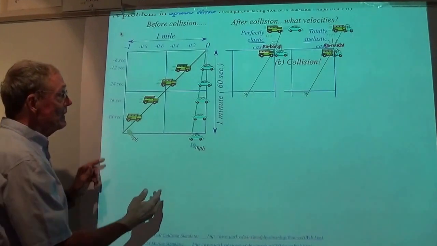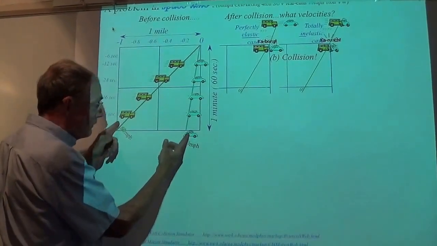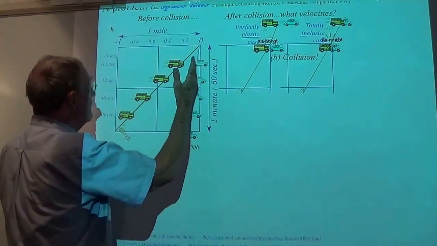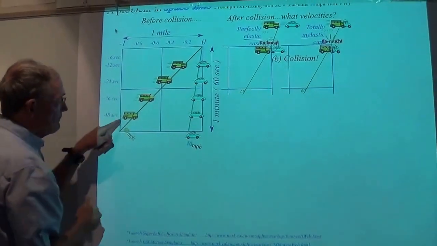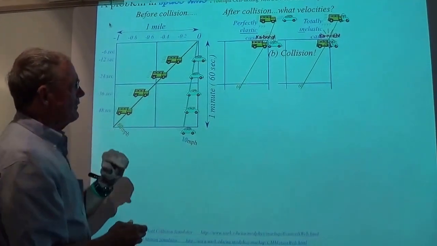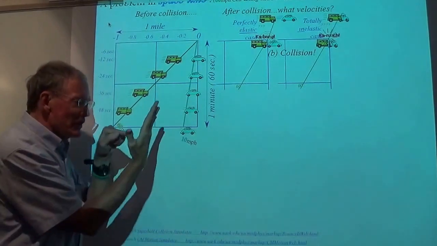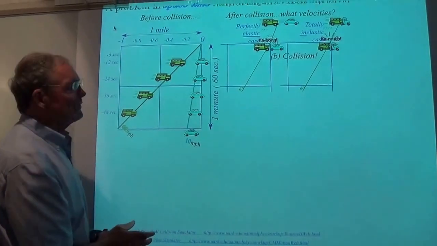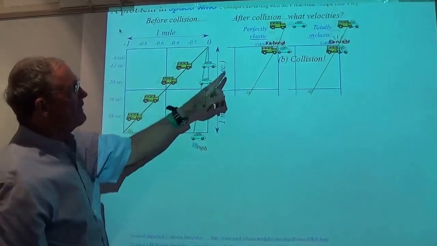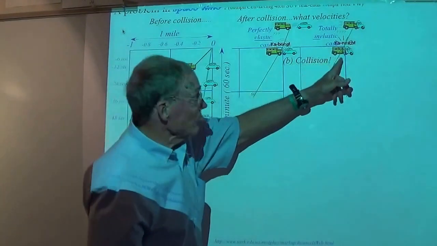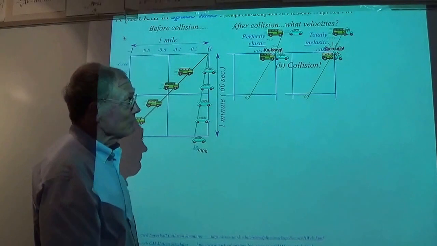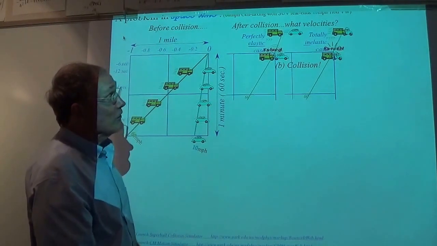We're dealing with a poor little Volkswagen that's chugging along here pretty slowly, about 10 miles an hour, and a mean old SUV who is coming in at 60 miles an hour, and he's not paying attention. He's busily texting to his significant other and not paying attention to the road, and the result is, well, it could be, most likely, a crunch. Totally inelastic. That's probably the situation you would have, where they stick together.